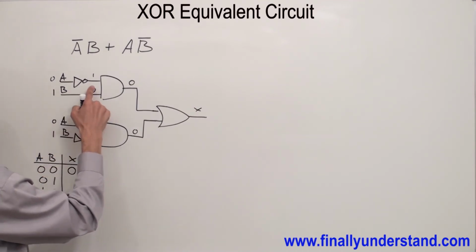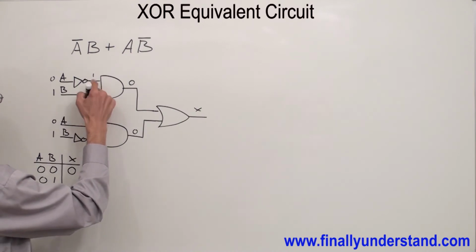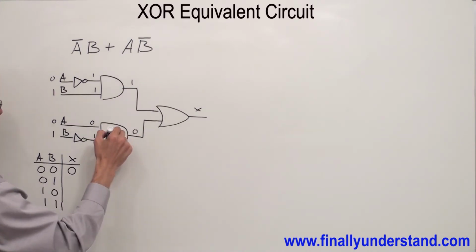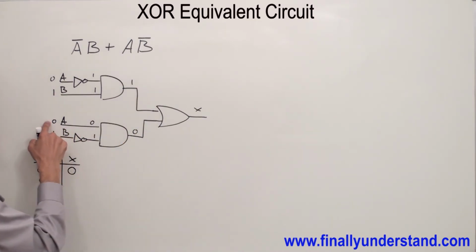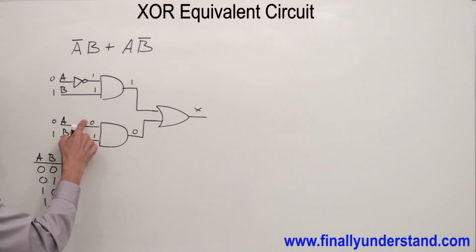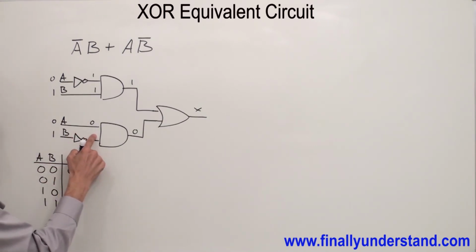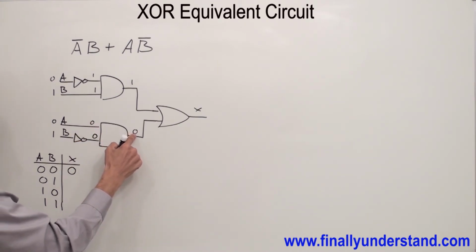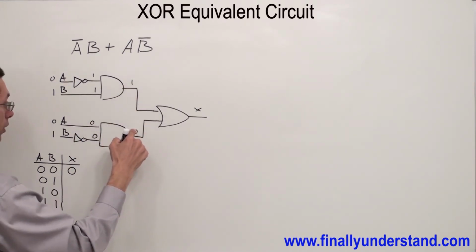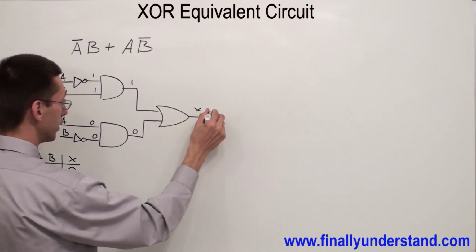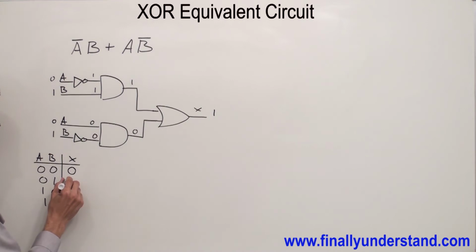This one is going to go over here. 1 and 1 will give me 1. 0 and 1 gives 0, since this 1 is converted to 0. 0 and 0 gives me 0. 1 or 0, because this is an OR gate, will give me 1. That's why I'm going to write 1 over here.